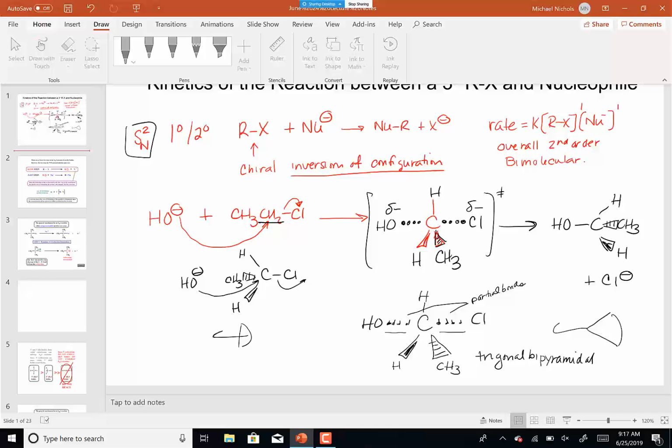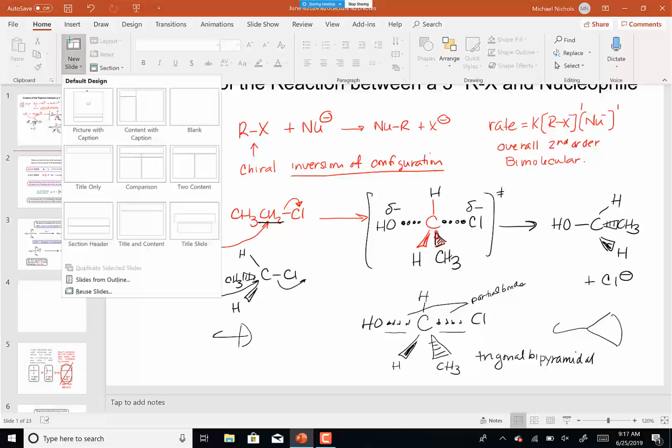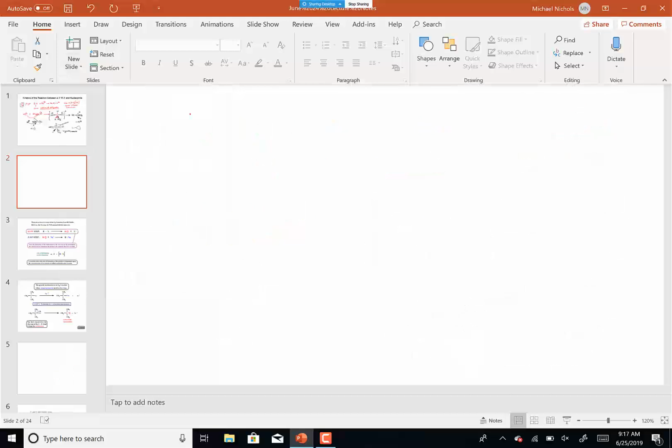So what's going to be different today? Well, imagine someone who used a primary or secondary halide, did this reaction with the hydroxide, and saw it was overall second order kinetics.